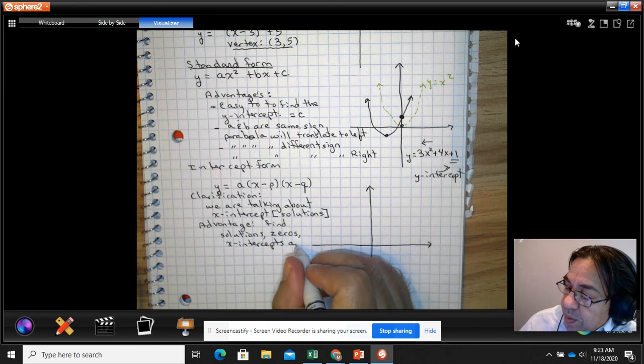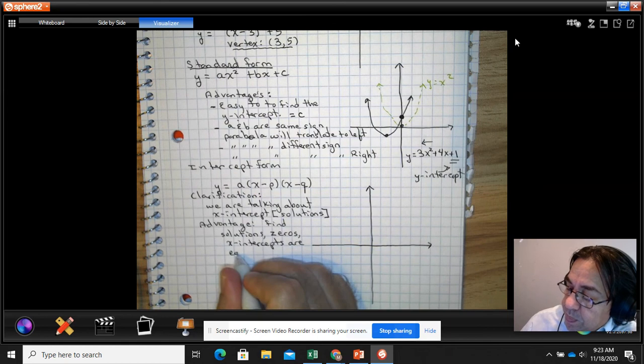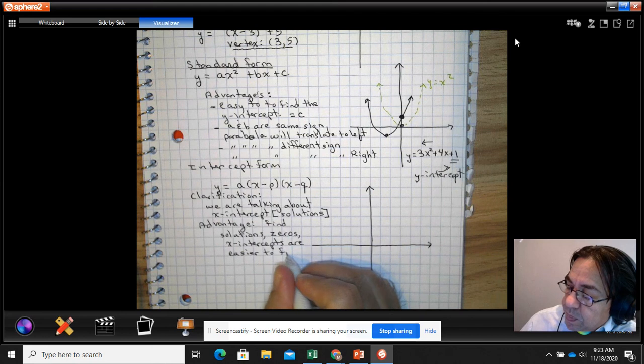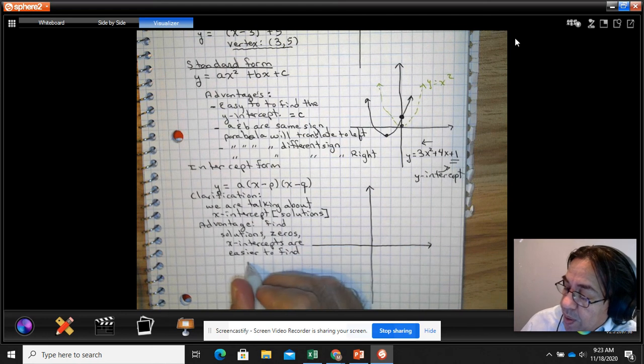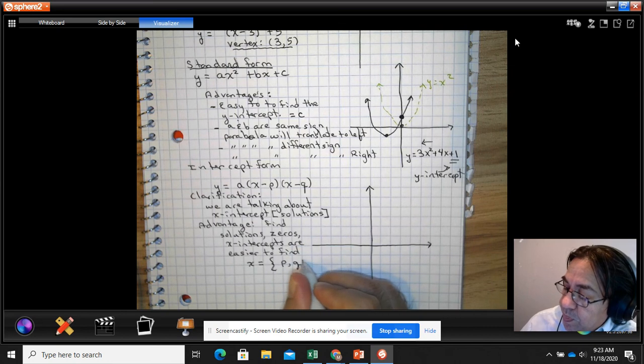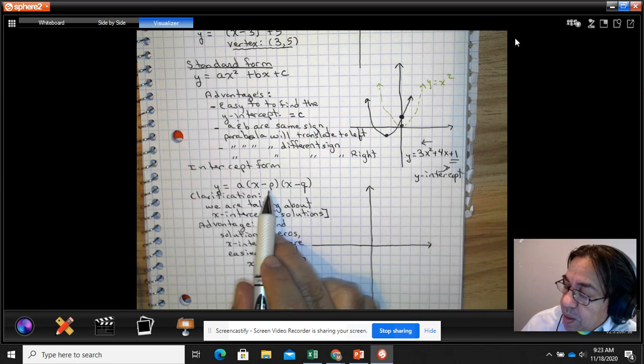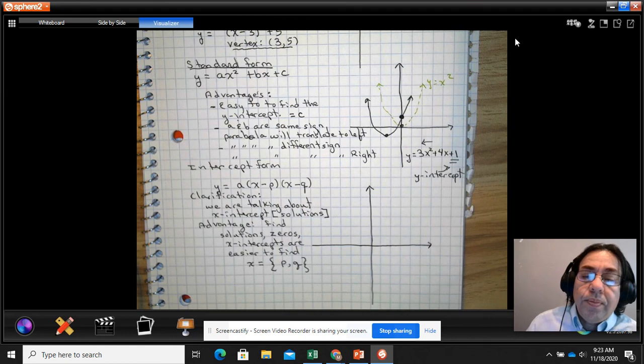They are easier to find. Why? Because they're found at x equal to p and q.